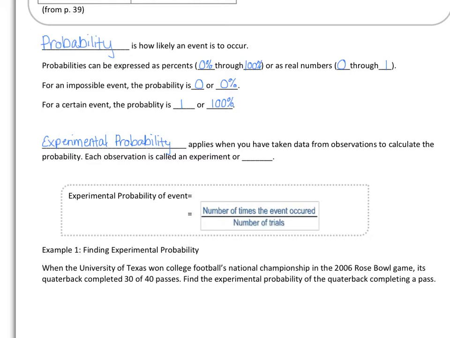Each observation is called an experiment or a trial. The experimental probability of an event, the notation for that, the way we write it, is capital P of event. Okay, so that's how we say that we're doing the experimental probability of an event. And what that equals is the number of times the event occurred over the number of trials.